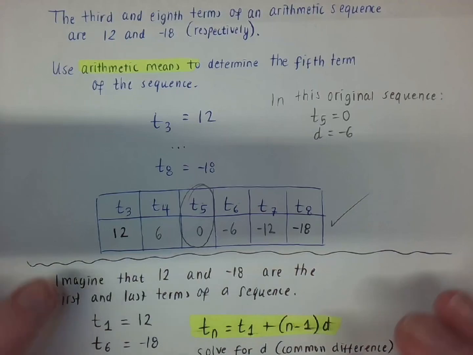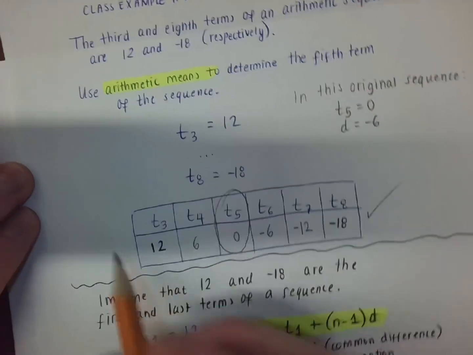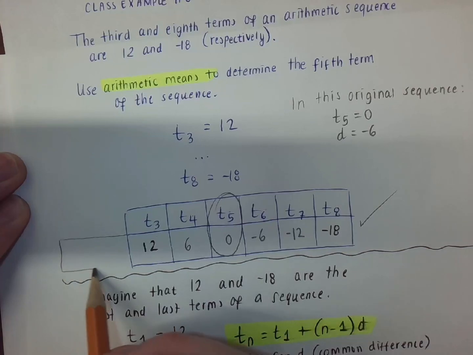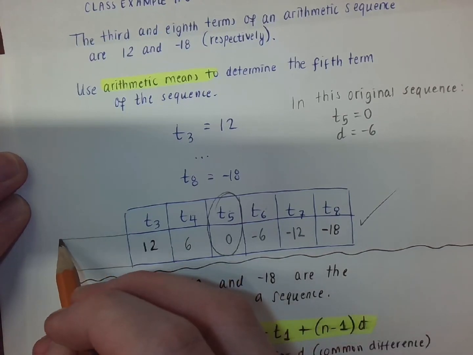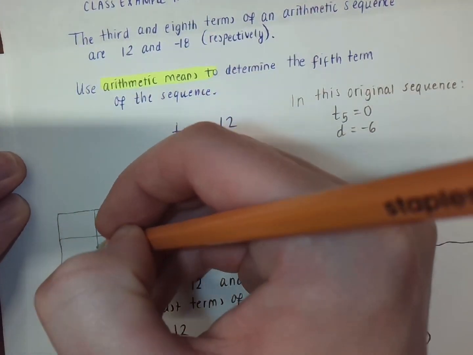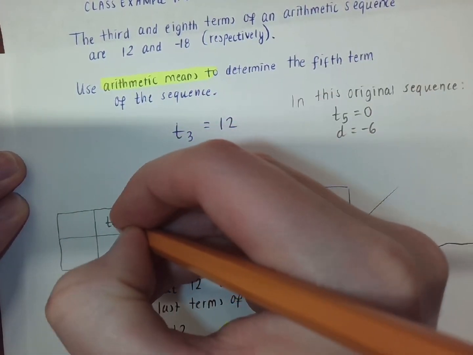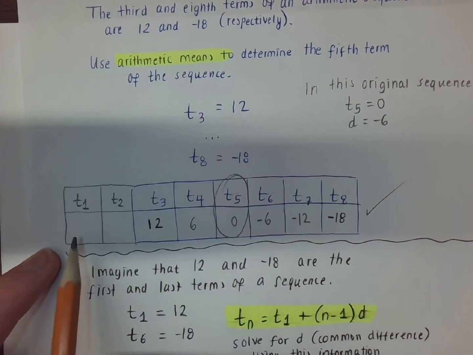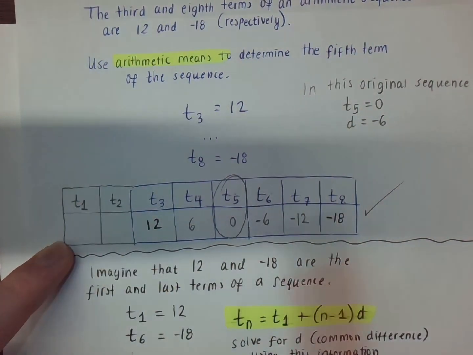Now, I don't actually know yet. You can kind of start to think about how you could definitely just figure it out. But T2, T1, I don't actually have the starting value for the main sequence.